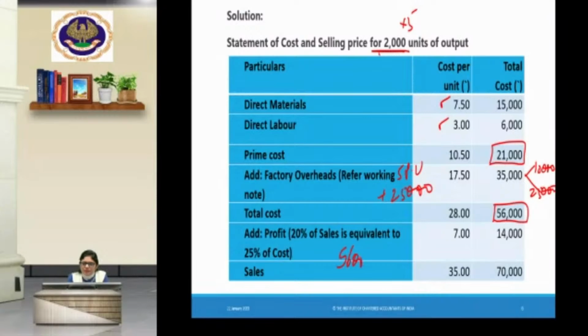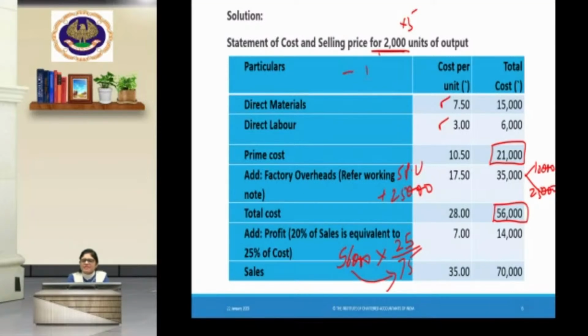I can show you like this also. 56,000 is your total cost, profit percentage is 25% on sales, but you have to calculate on cost. So 25 divided by 75. This will give you the profit. So if you have been given profit on sales, but you have to calculate on cost, the denominator should be less than 100. All right, because 56,000 is actually 75%.